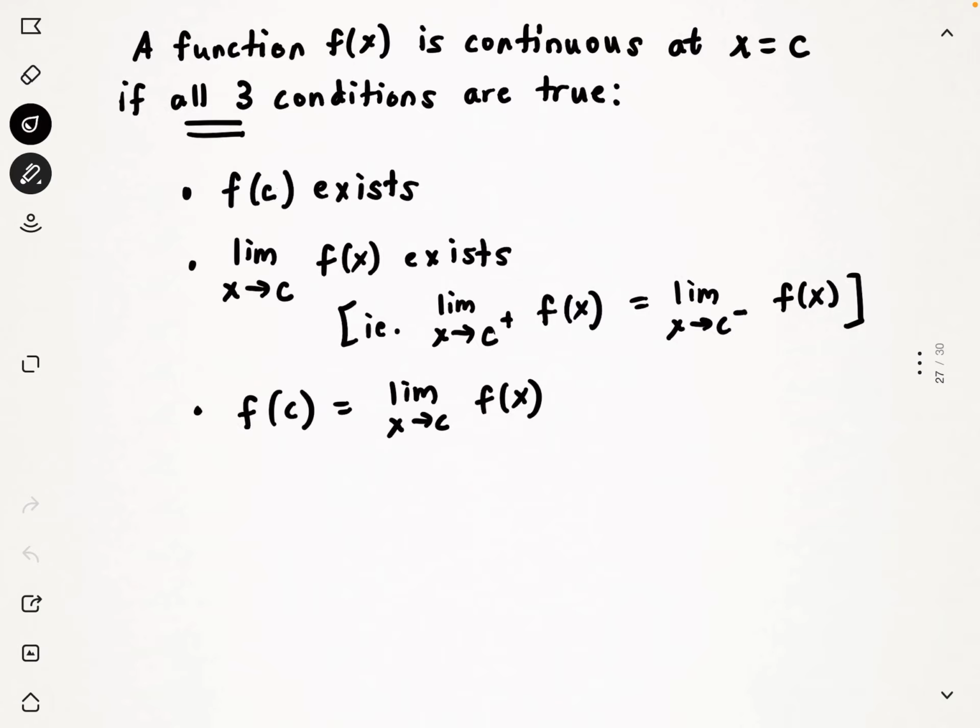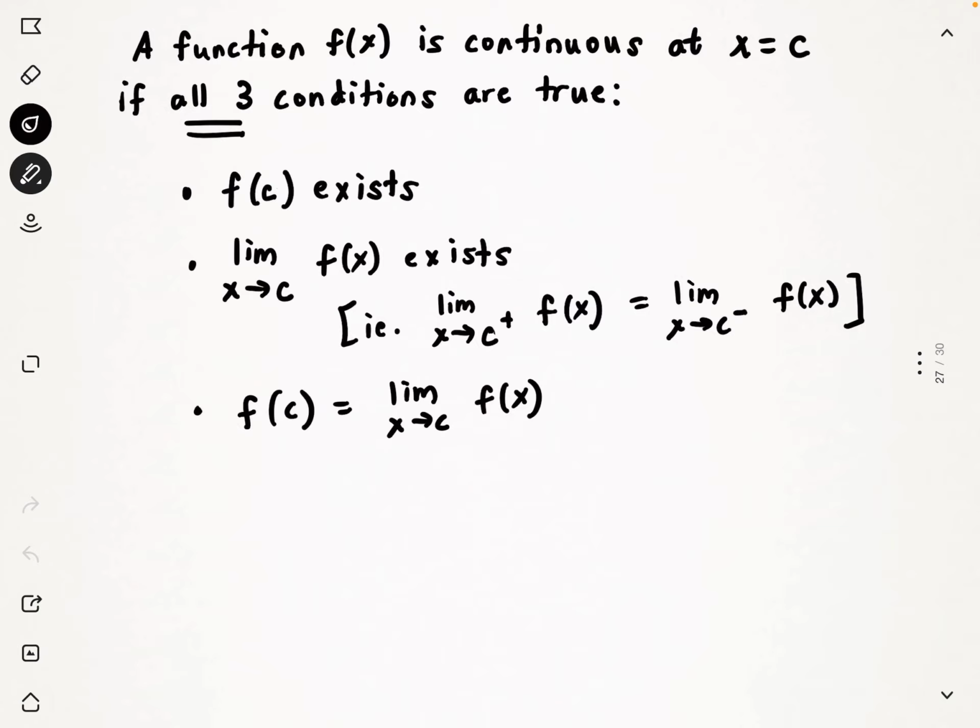The limit as x approaches that x value also has to exist, meaning the right and left hand limits are equal. And the values that you get for the first 2 conditions have to be equal, so the point and the limit have to be equal to one another. If it satisfies all 3 criteria, then it is a continuous function.